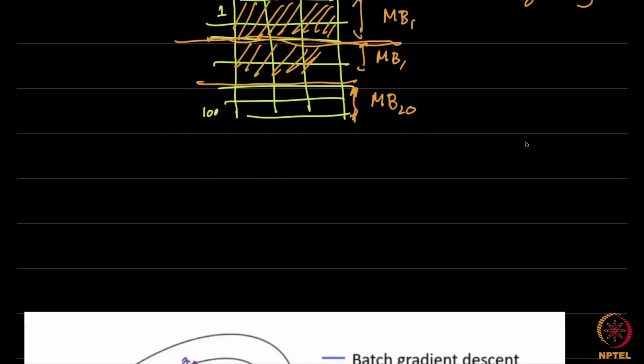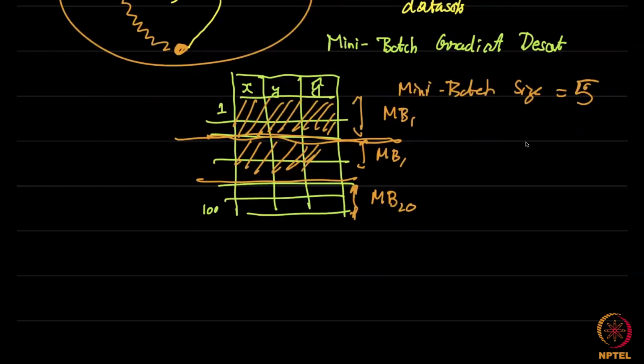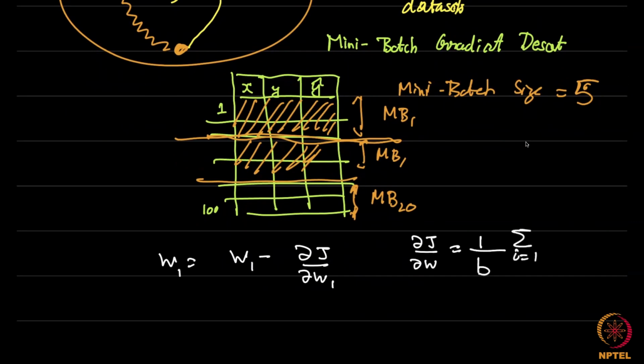So what do we do in this expression, which is W equal to W minus del J del W, whether it is W0 or W1, it doesn't matter. The del J del W, let's say this is W1, is calculated as 1 by B sigma i equal to 1 to B of (y hat i minus yi) into x1 of the ith data point.